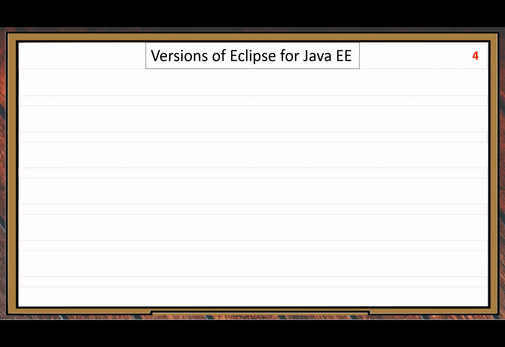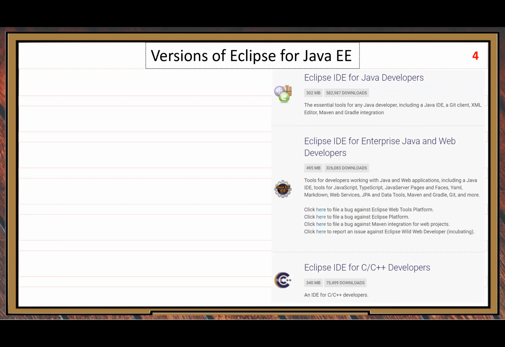You can get a little more information from my tutorial. All right. First, if you find the Java download page, you can see there are many versions, but here I want to point out the right version. Find the enterprise version.